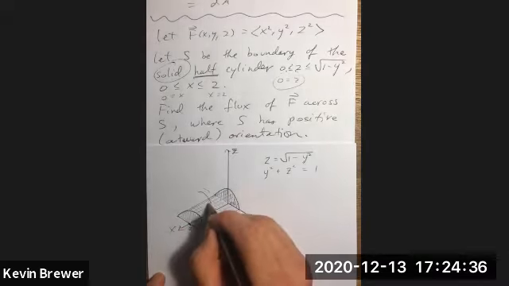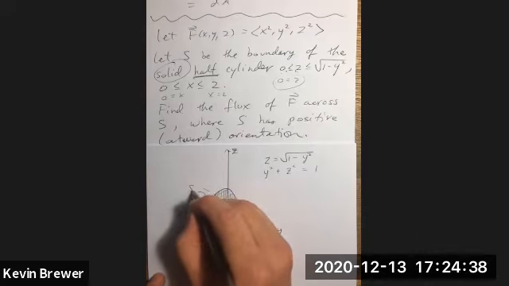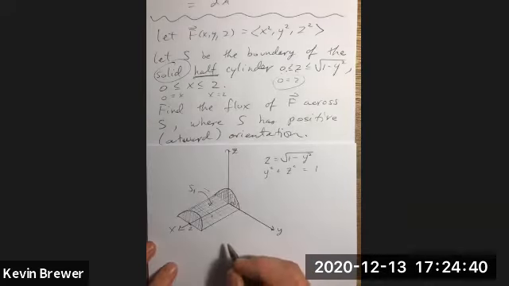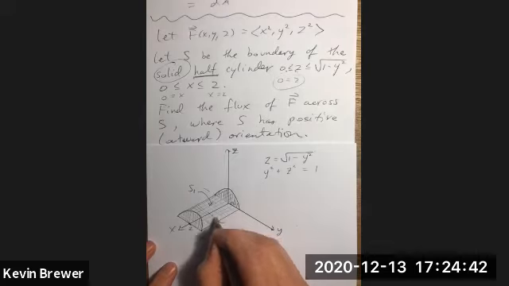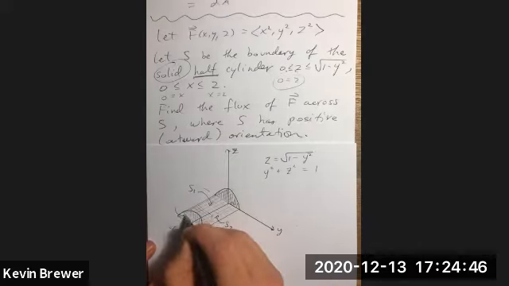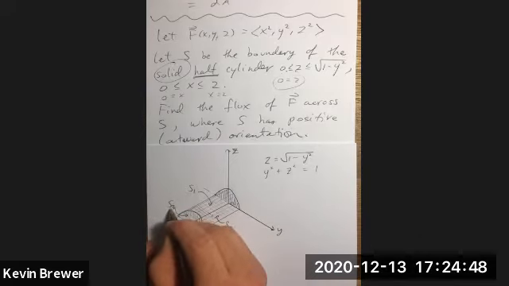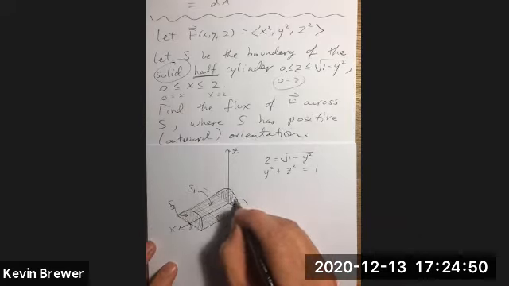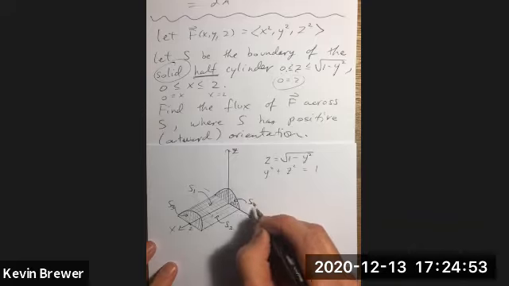So let's call the top, the part that looks like a circular cylinder, S1. There's no real sort of right or wrong way to label these, of course. S2, S3, and S4.